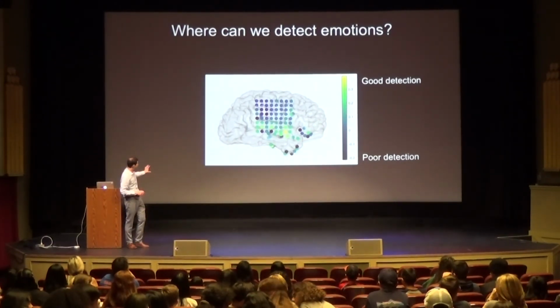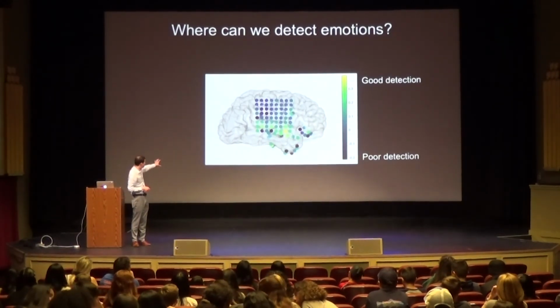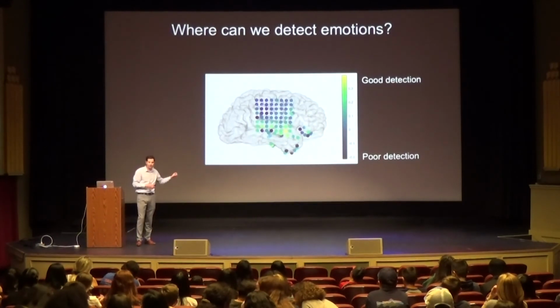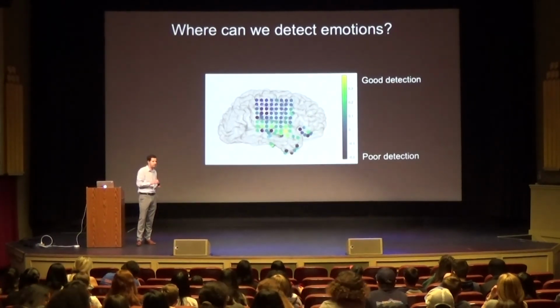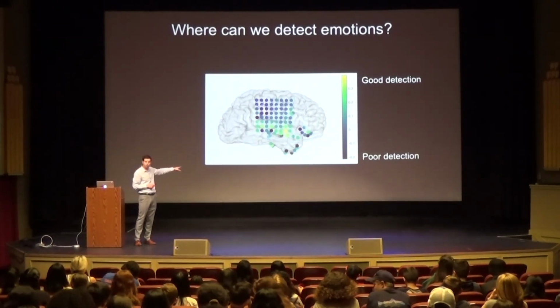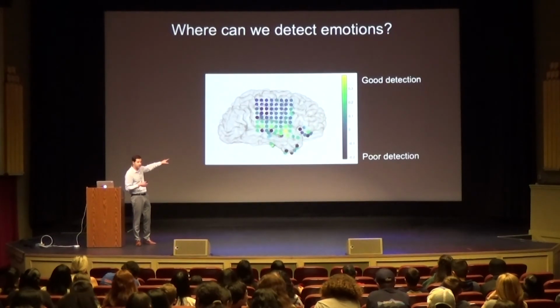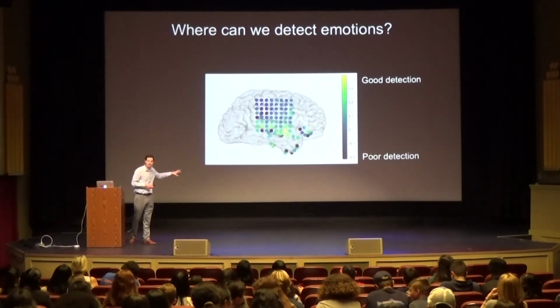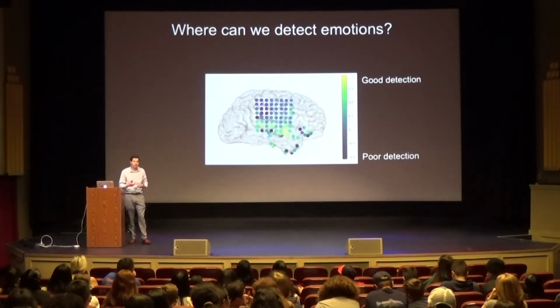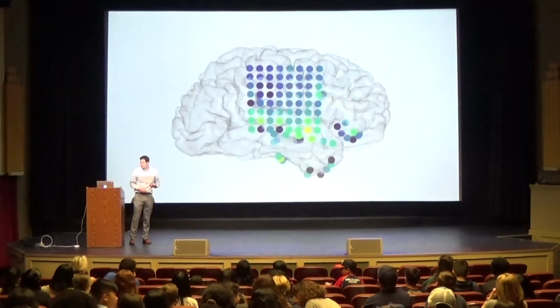Okay, so this figure is showing you a 3D model of an actual patient's brain, and each dot here is a location of the sensor. And they're color-coded from blue, which means a poor detection of emotional state, to yellow, which is a good detection of emotional state. So you can see here which locations we're doing a better job of detecting their emotional state.